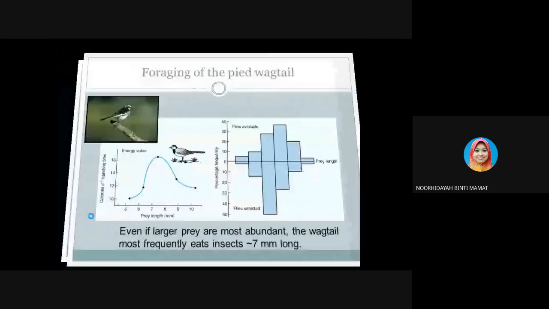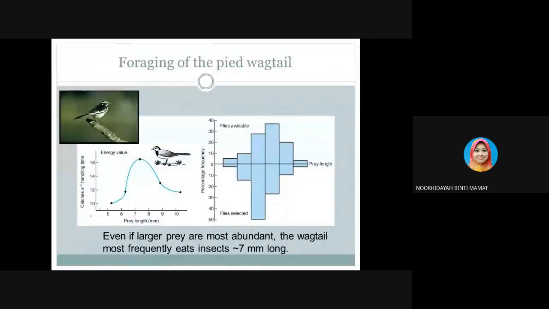For example, as you can see from this graph, this is the size of the prey in millimeters, and here is the handling time. As you can see from this bar chart, for example for about 5 mm length prey, then 6, 7, 8, 9 and 10.